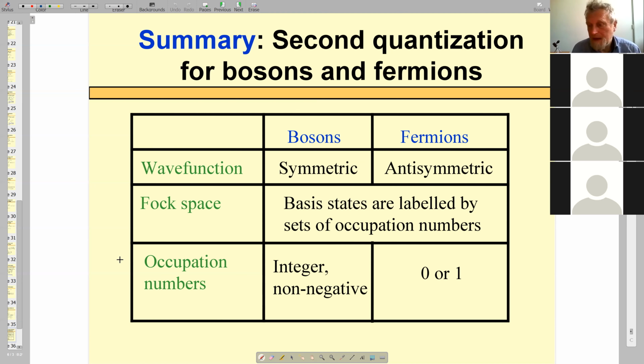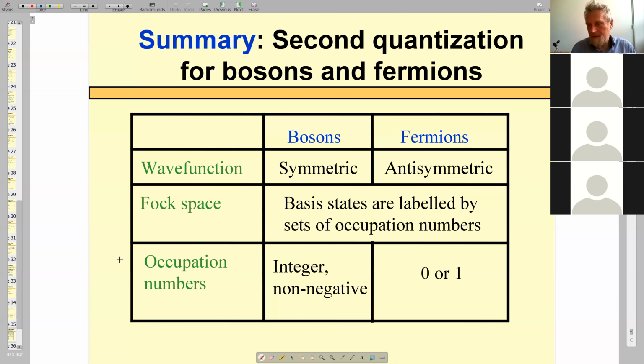Right. In any case, we can make a Fock space, either for bosons or fermions, so we can combine Fock spaces for bosons and for fermions in a single Fock space. Basis states are labeled by sets of occupation numbers. So a set of occupation numbers uniquely defines the basis state in Fock space.